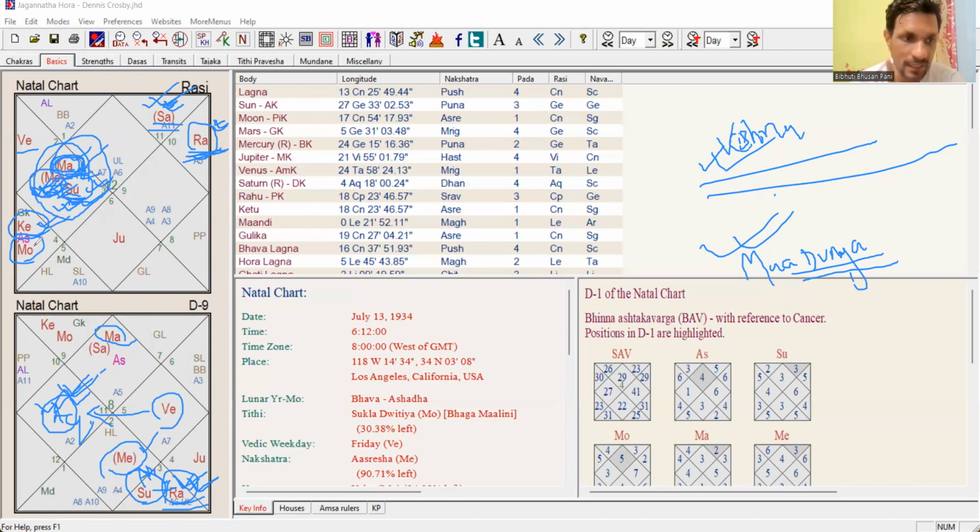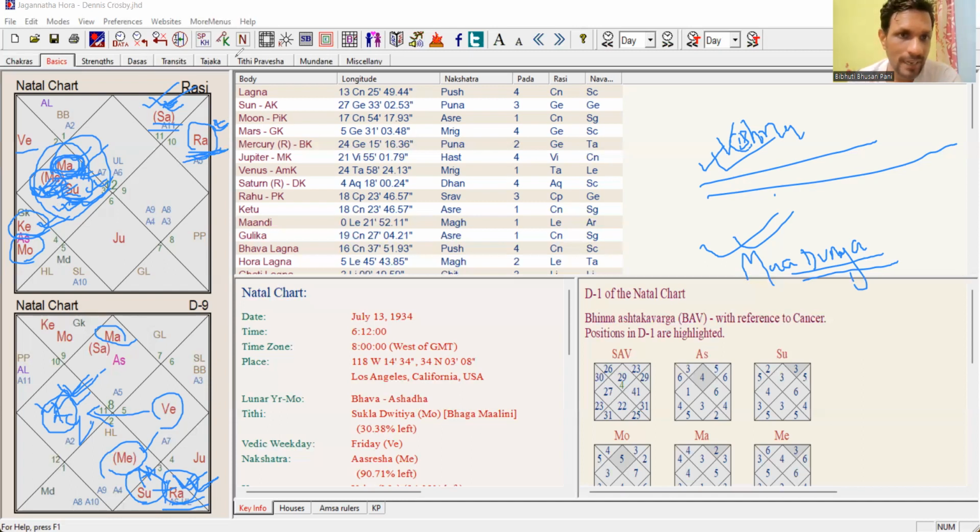Ketu represents negligence or mistakes. As Moon is with Ketu, the native may neglect his responsibility towards his mother, or towards the kids as the 5th house is involved. That kind of thing may trigger.